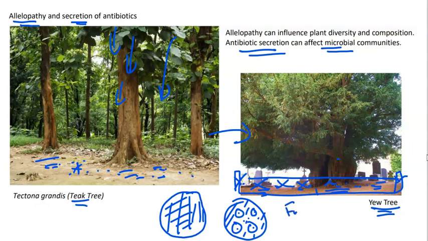So the fungi was producing a chemical which now we call antibiotics, and the antibiotic was killing the bacteria. So it's a kind of competition between the fungi and the bacteria, which was discovered in laboratories by accident, which is Fleming, and the discovery of penicillin that you can read about. And I'll put another link to that in the description.